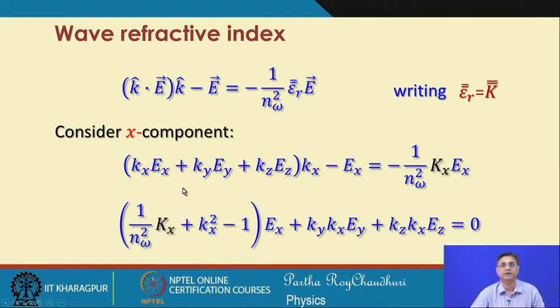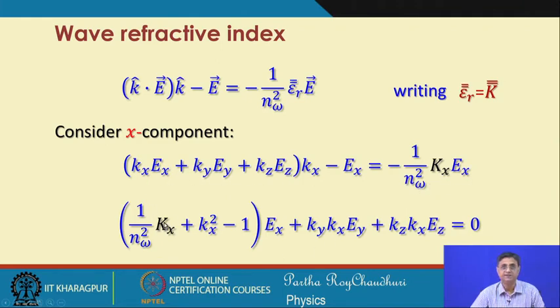the x component of this equation as k x E x plus k y E y plus k z E z into k x minus E x, and the x component of this quantity, 1 by n omega square K x E x.